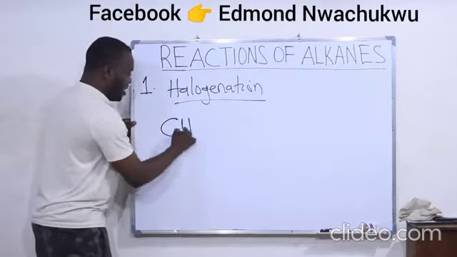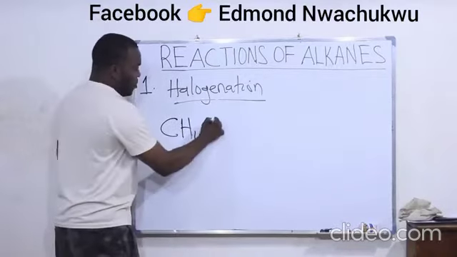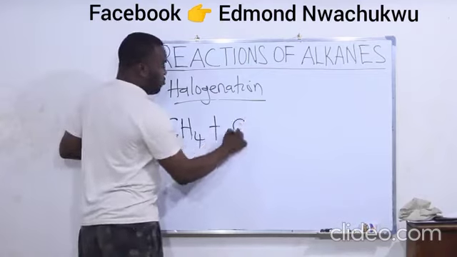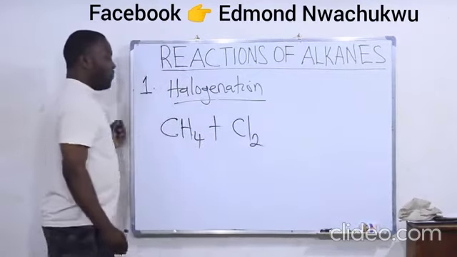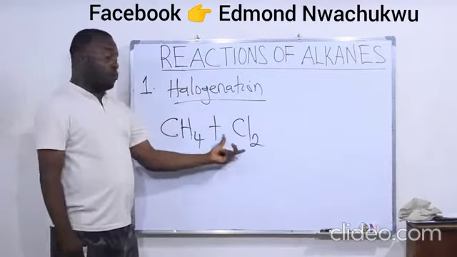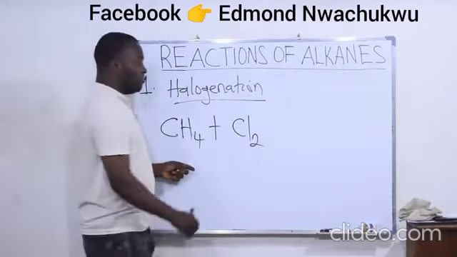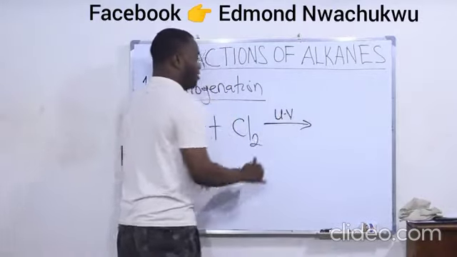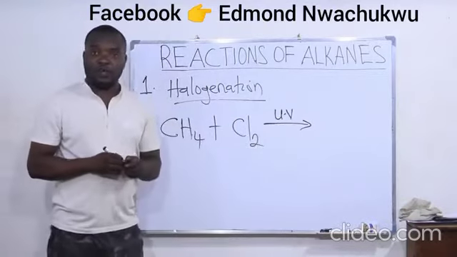If I have methane, which is CH4, reacting with a halogen, such as chlorine for instance, if I have a chlorine molecule reacting with methane in the presence of ultraviolet light, UV means ultraviolet.